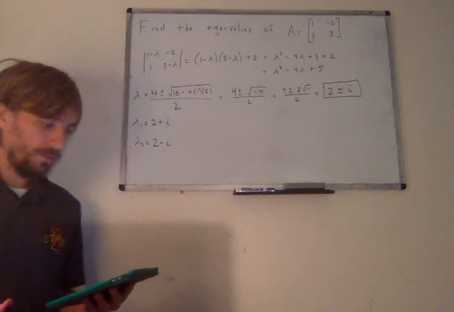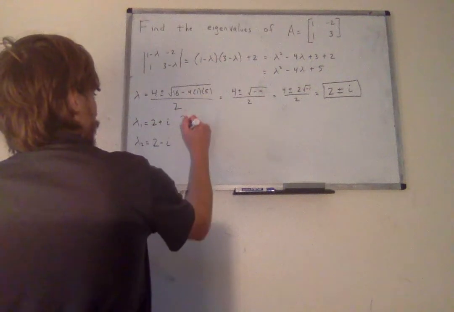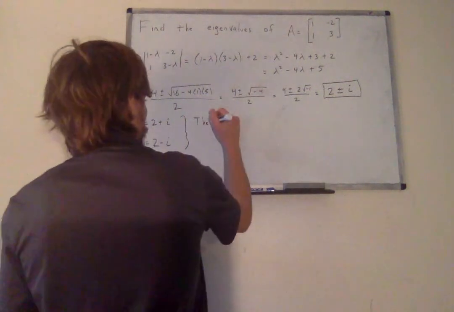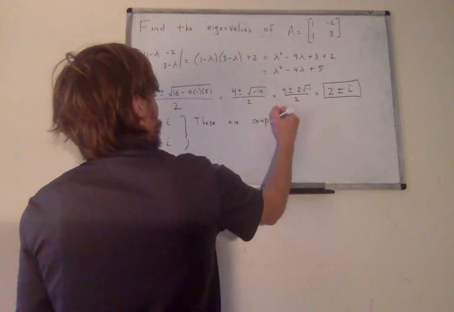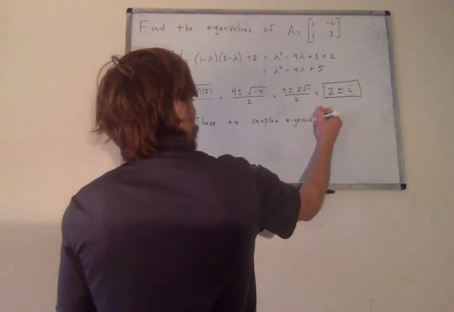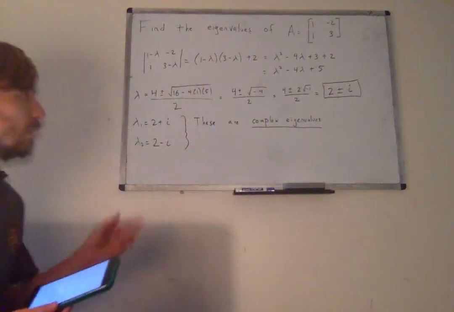The definition of what a complex value is is fairly straightforward, but we just say that these are complex eigenvalues. And all that is, again, is just an eigenvalue of a matrix which is a complex number, right?